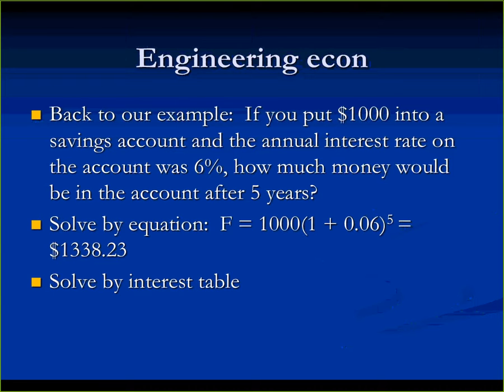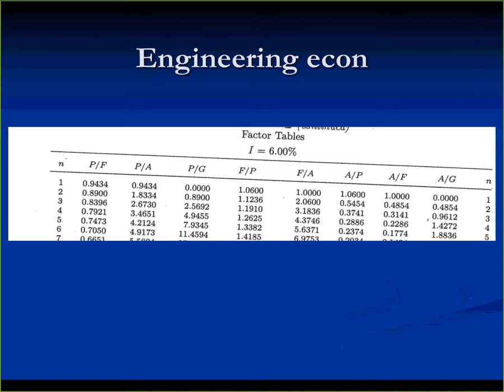So in our particular case, you would go to the interest table where i is 6%, and you are going to go to the F/P column.